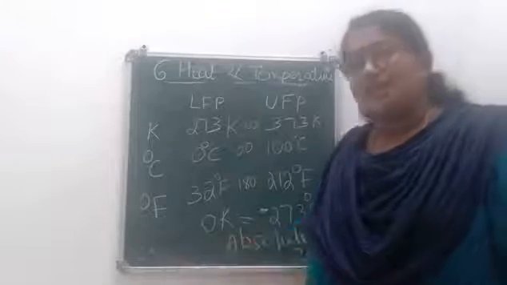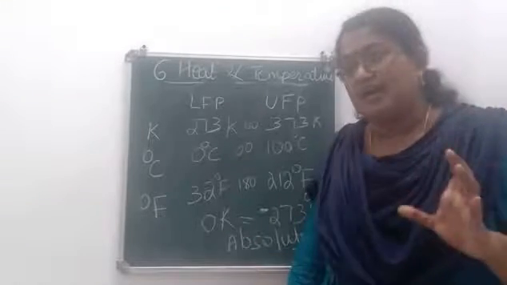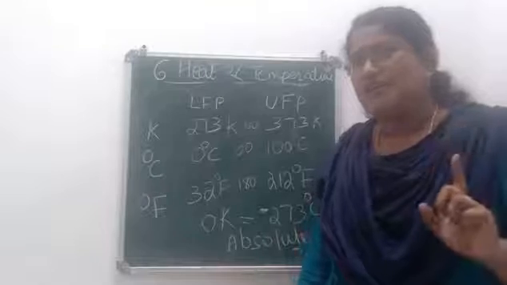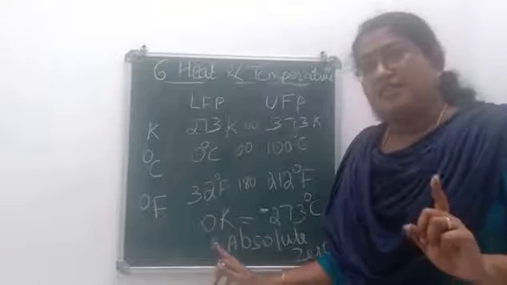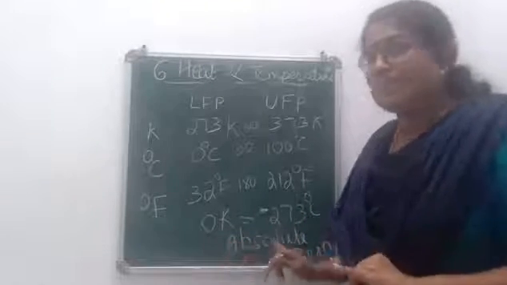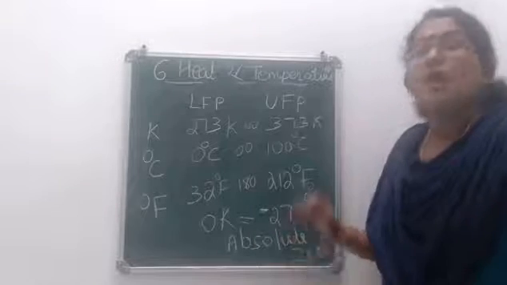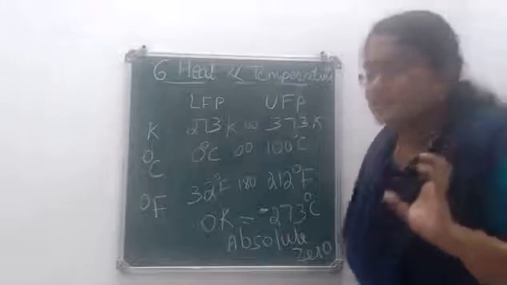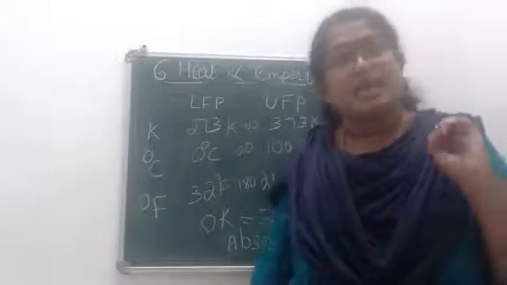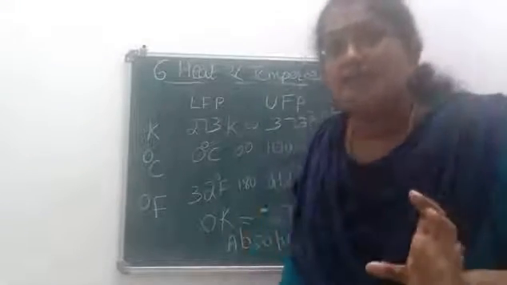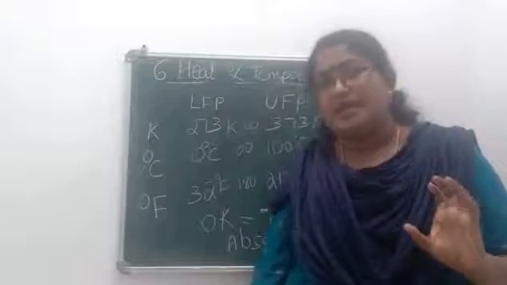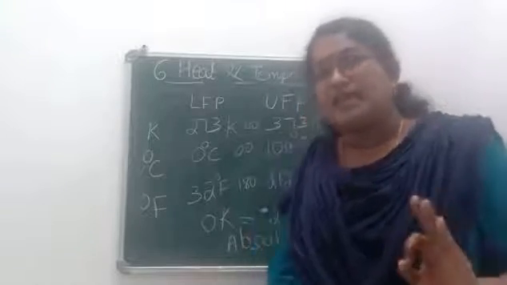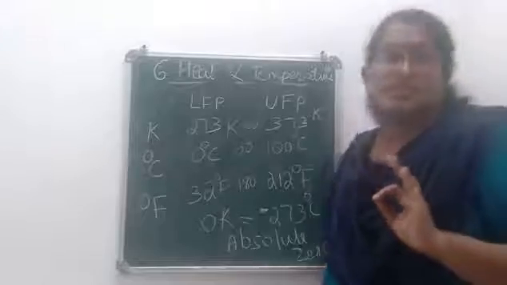So that is another thing which you should keep in mind. 0 Kelvin means in degree Celsius scale it will be equal to minus 273 degrees Celsius. So this particular temperature is known as absolute 0, and its importance is that this is the temperature at which the entire molecular motion ceases. So please keep that in mind.